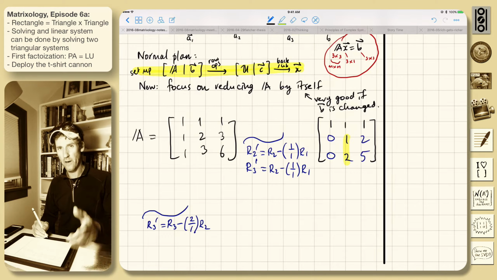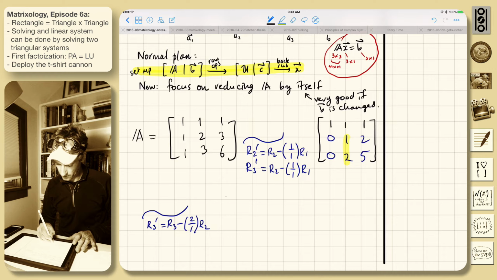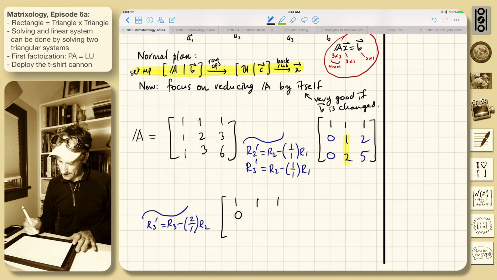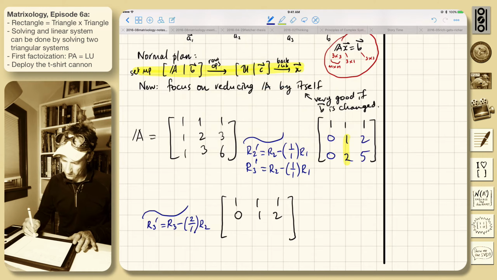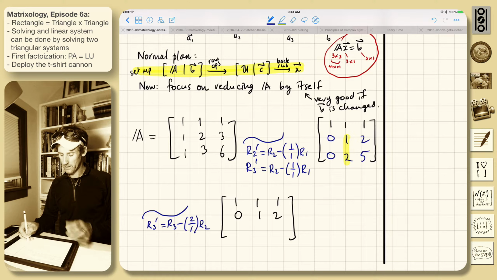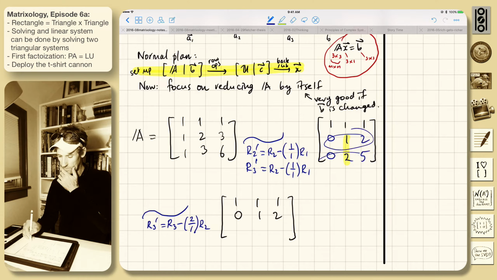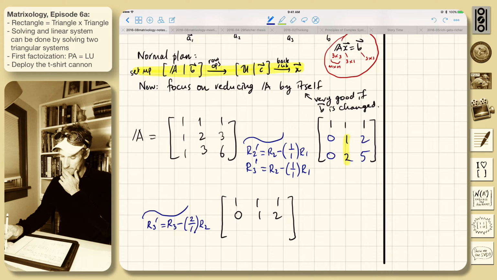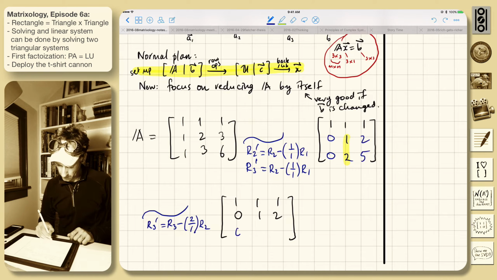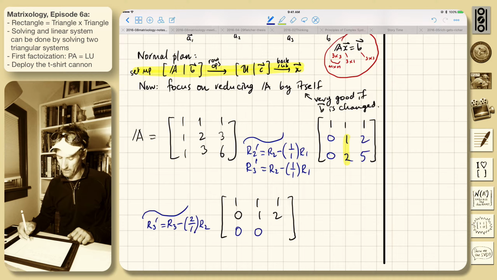Then we'll go back and find all the multipliers and the pivots. So 1, 1, 1, and 0, 1, 2. Those first two rows do not change. We're only changing the last one. Again, we're subtracting 1, 2 multiplied by 2 from 2, 5. So we get our 0 as desired, and then 5 minus 2 times 2 is 1.